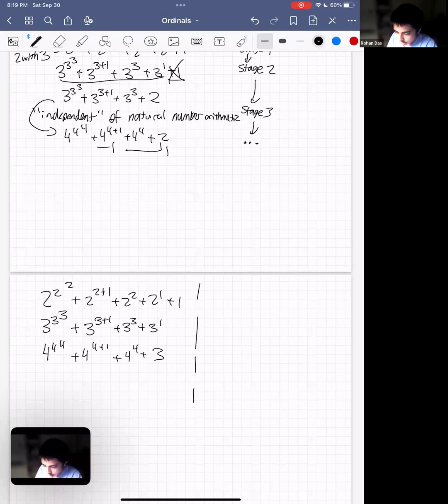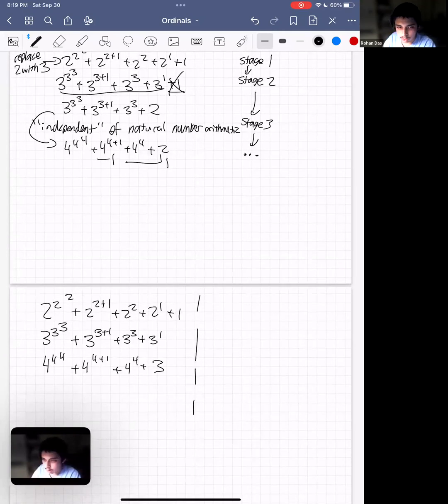And if we go back to our intuition, which tried to justify why this theorem can make sense, it was saying that the decrease in the sort of exponents of these terms caused by the constant -1 operation is significant, even though replacing 2 with 3, 3 with 4, etc. causes a much larger increase. So this sort of motivates thinking about what happens if we, instead of using 2, 3, and 4 here, we just have a constant number.